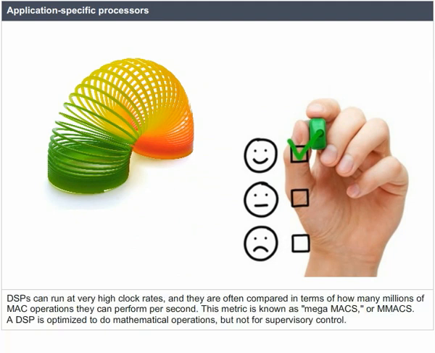DSPs can run at very high clock rates and are often compared in terms of how many millions of MAC operations they can perform per second. This metric is known as mega MACs or MMACs.